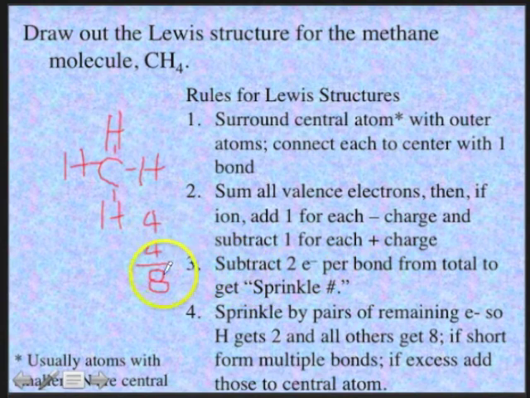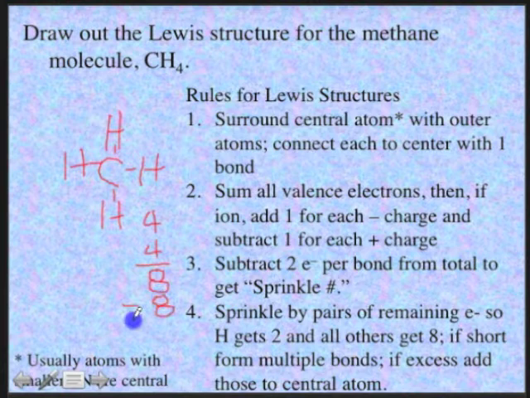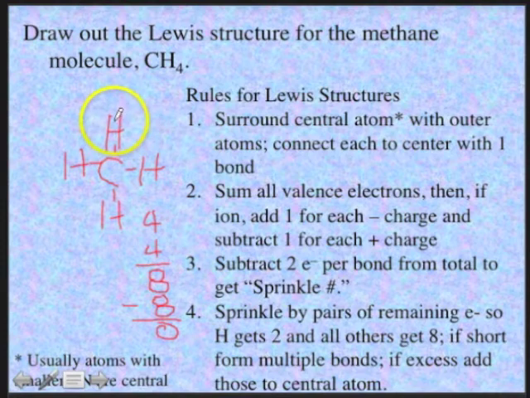In other words, of these 8 valence electrons, I'm using 8 of them right now in bonding hydrogen to carbon. Here's 2, 4, 6, 8. So I'm going to subtract 8 from the valence electrons. I have 0 to sprinkle anywhere. And this molecule is done. This is the Lewis structure for methane.